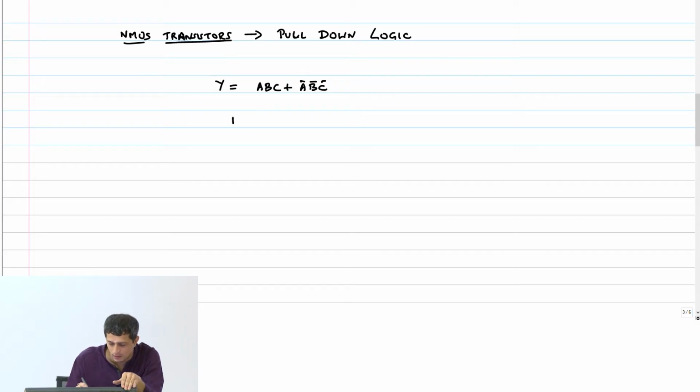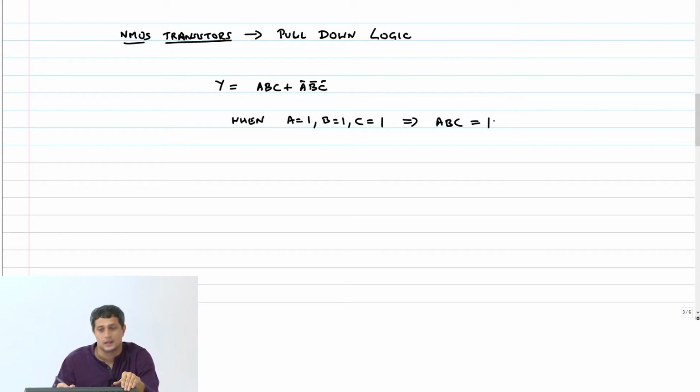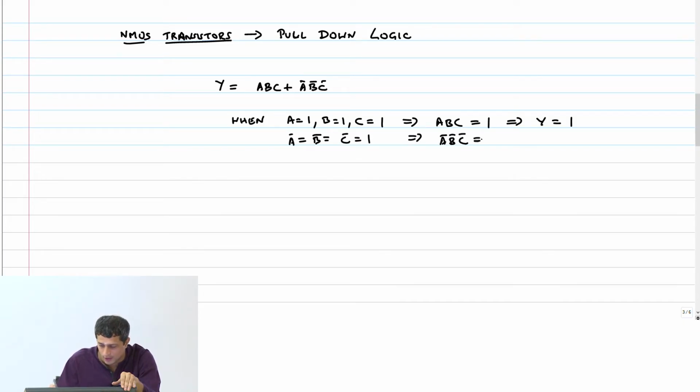So when A equal to 1, B equal to 1 and C equal to 1 implies A, B, C equals 1. This implies Y equal to 1, right? Or if A bar equal to B bar equal to C bar equals 1, this implies A bar, B bar, C bar equals 1, implies Y equal to 1.